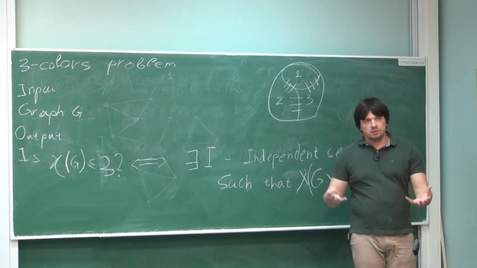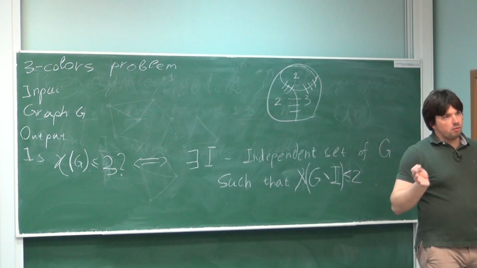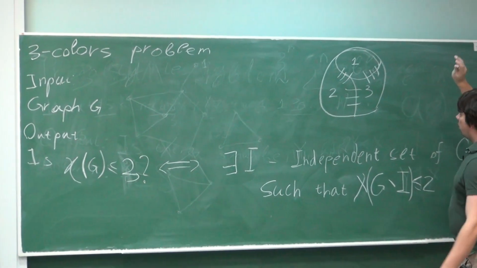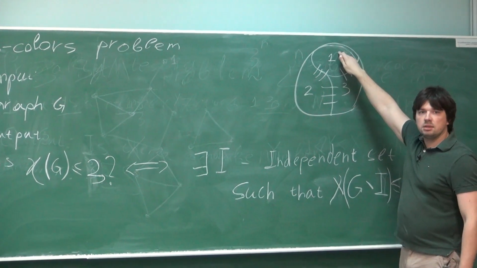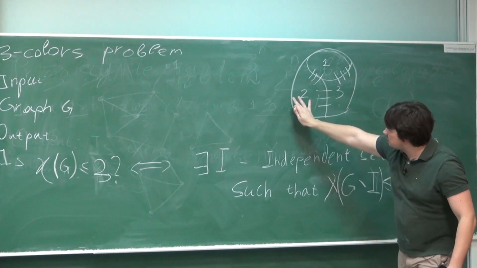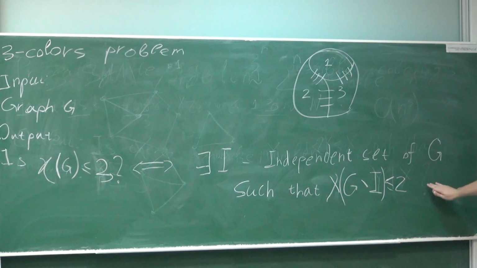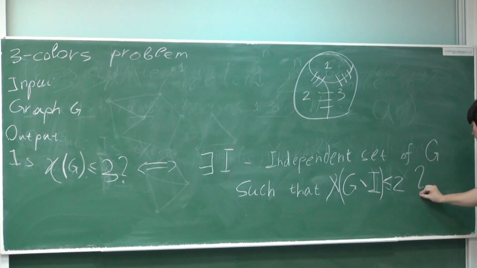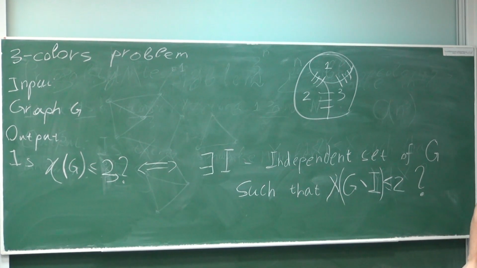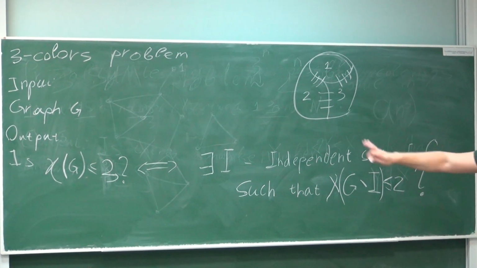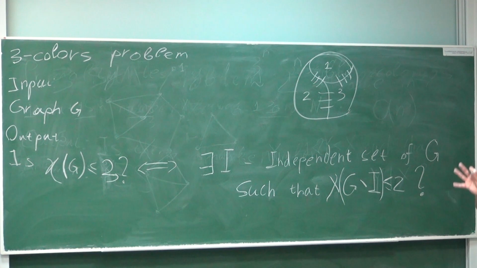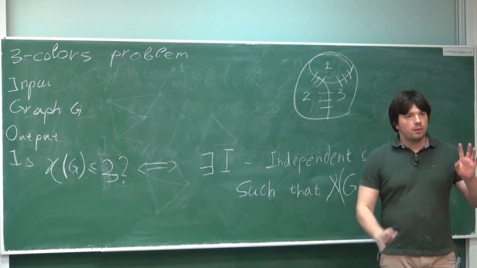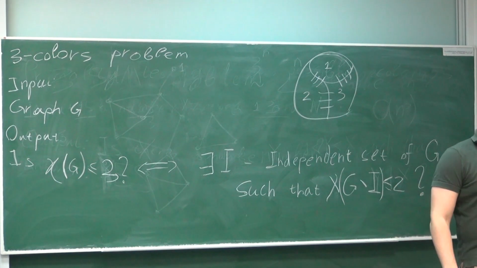So that means that after we take this independent set, the rest is 2 colorable, which is exactly the definition of my question. So those 2 things are just equivalent. That's what I want to point out: this is just the very same question.